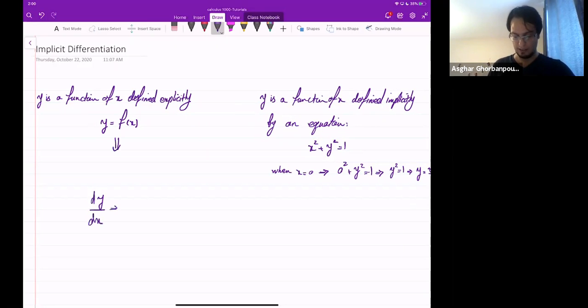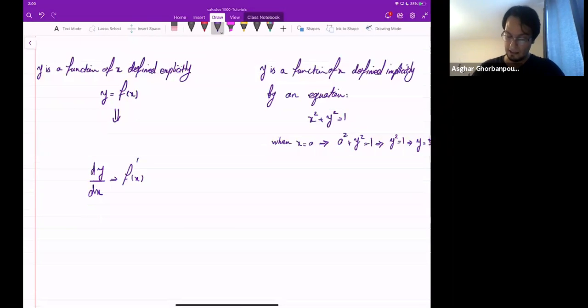You differentiate it. We learned all the steps we needed to know. But when it is implicitly defined, you need to use what is called implicit differentiation.